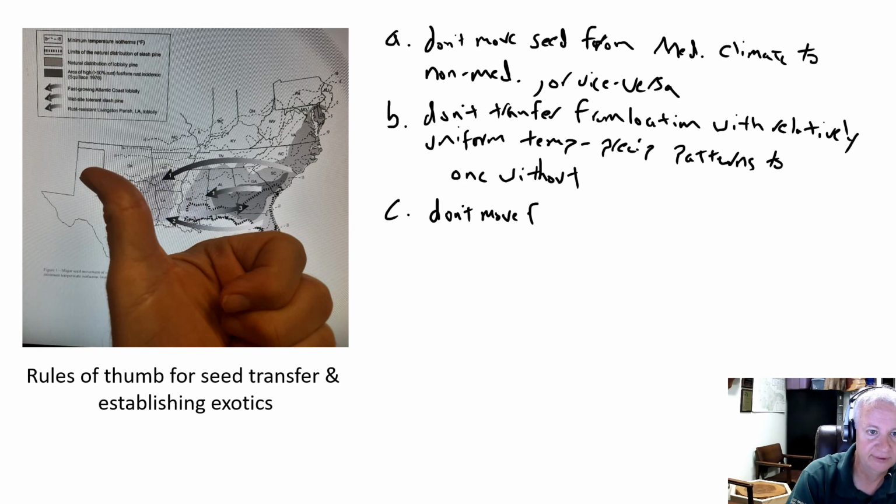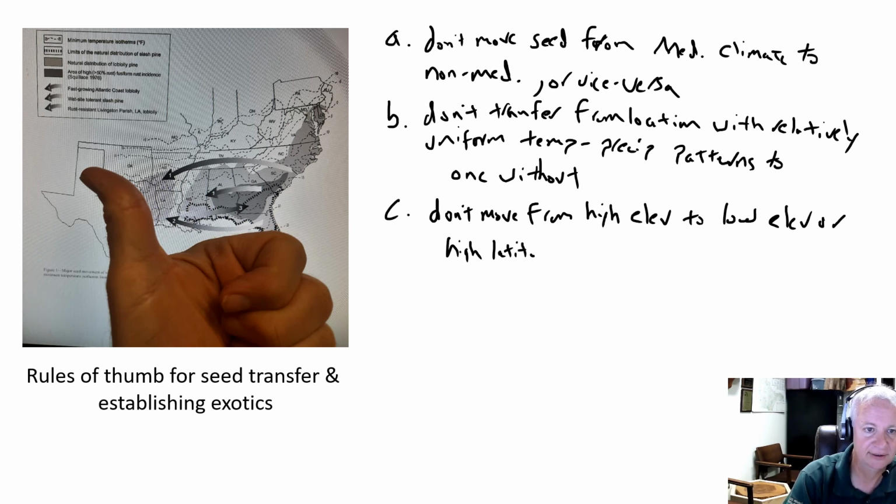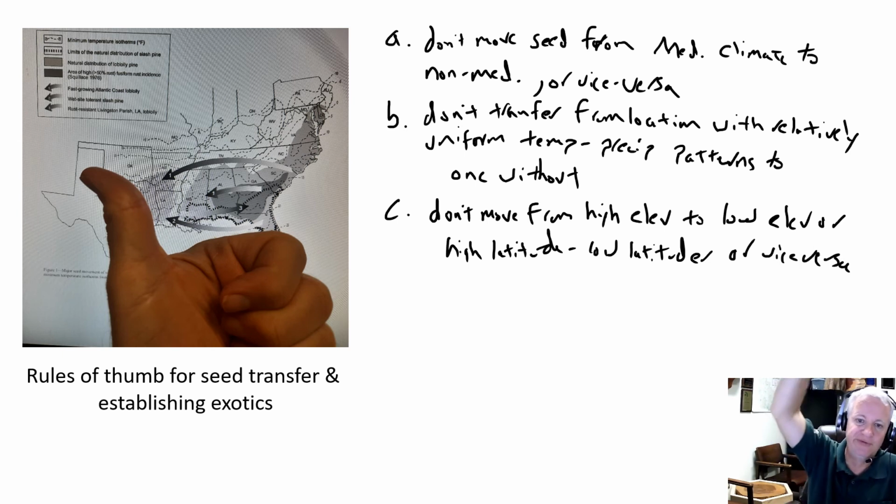So don't move from high elevation to low elevation, or high latitude to low latitude, or vice versa. Okay. Don't move seed drastically north or south, and don't move seed drastically up or down, because those are big climate differences.